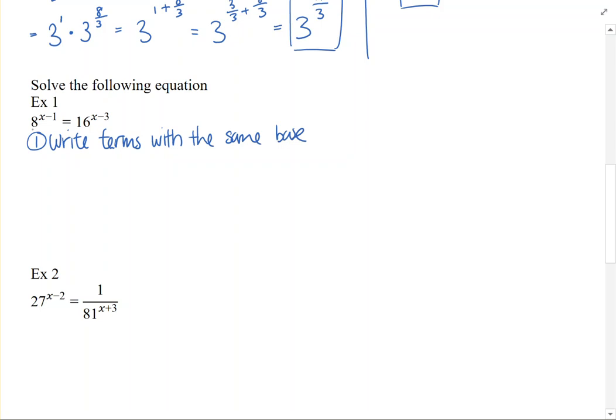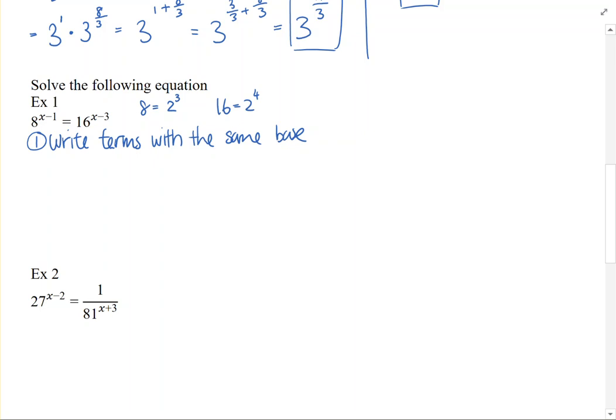Now, in this case our bases right now are 8 and 16, and those could be rewritten with base 2. Because 8 is basically 2 to the power of 3, and 16 is basically 2 to the power of 4.